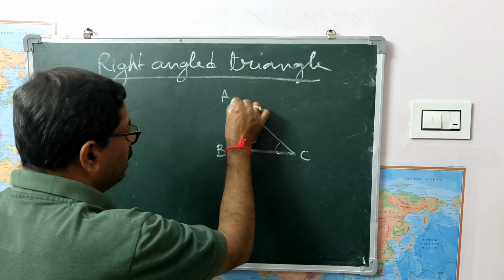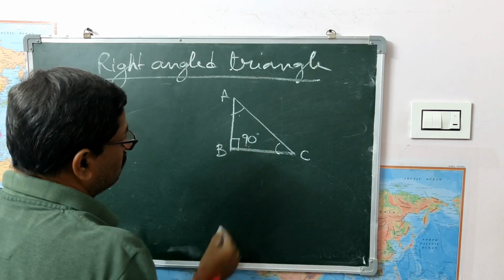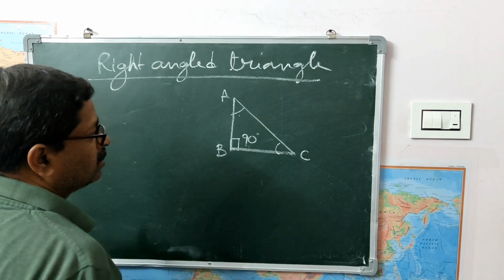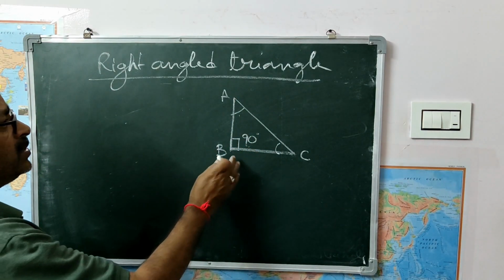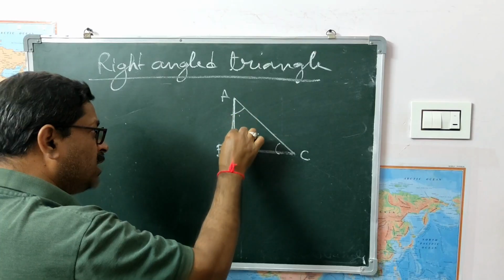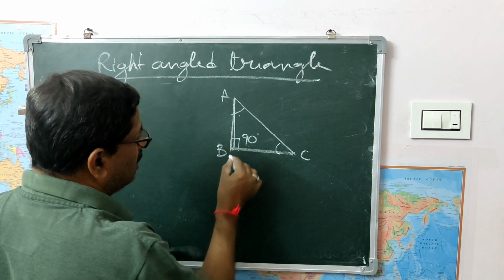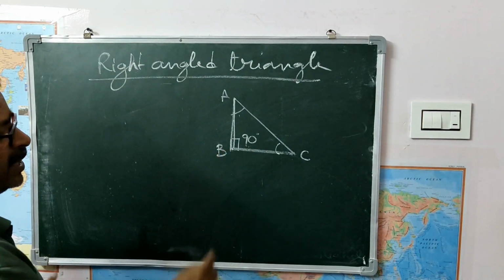The height of this triangle becomes this one. AB becomes a height in this case because the altitude coincides with the side itself. And that's why the orthocenter lies at the vertex containing the right angle.